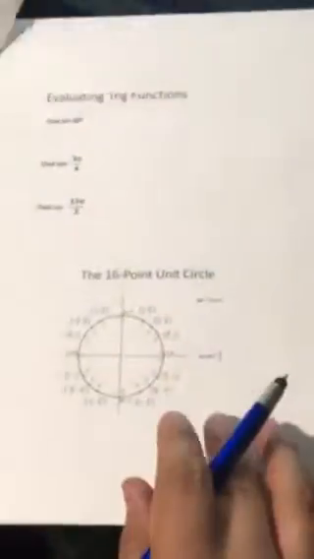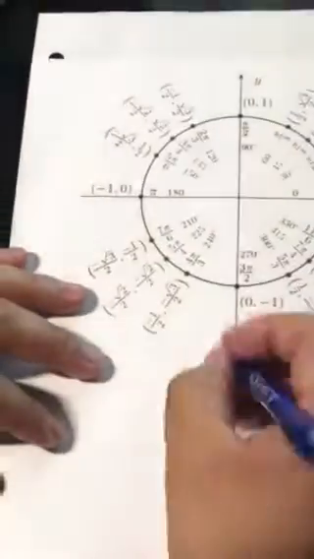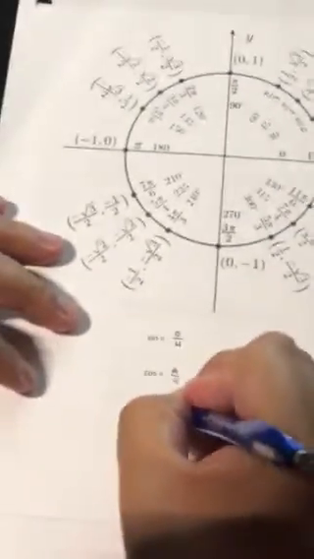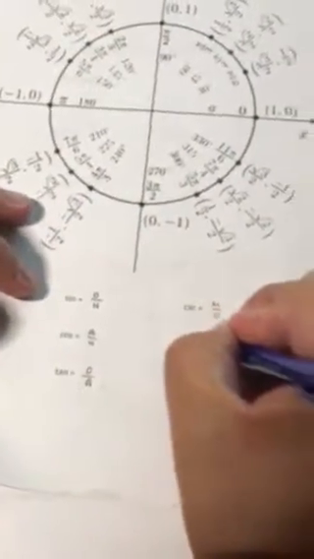Just a reminder on these things here, guys. Sine is opposite over hypotenuse, cosine is adjacent over hypotenuse, tangent is opposite over adjacent, and then these opposite ones you just turn over.